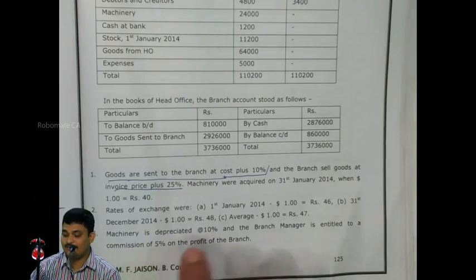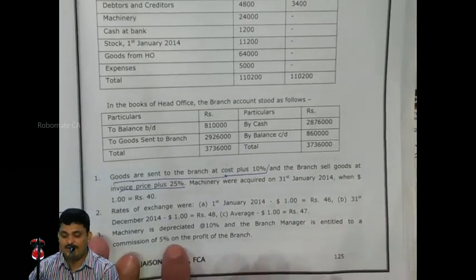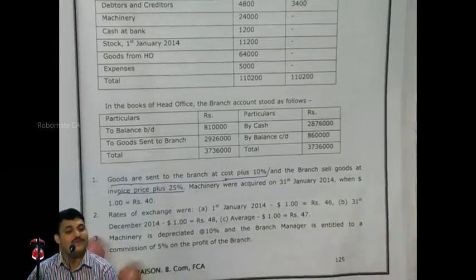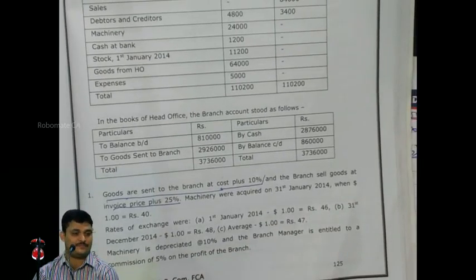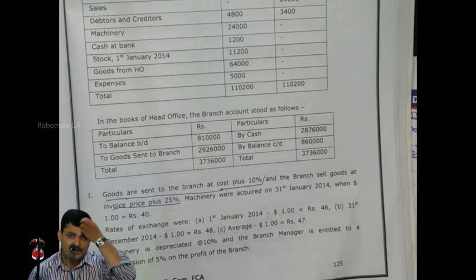One thing is given: the branch manager gets a commission of 5% on the profit of the branch. Understood? It is 5 by 100 only. Please understand.